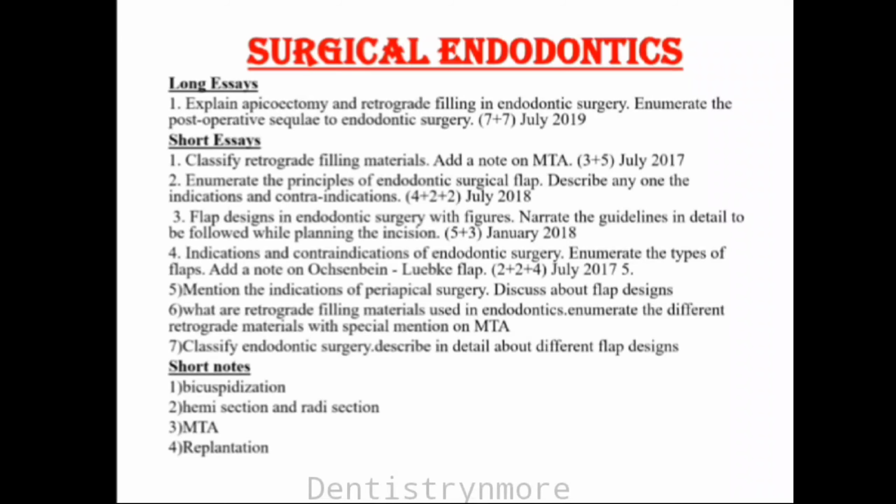The short essays include: classify retrograde filling material, add a note on MTA, enumerate the principles of endodontic surgical flap, describe any of the indications and contraindications, flap designs with figure, and detail about guidelines, indications and contraindications of endodontic surgery, different types of flap, Ochsenbein-Luebke flap, and mention the indications of periapical surgery.